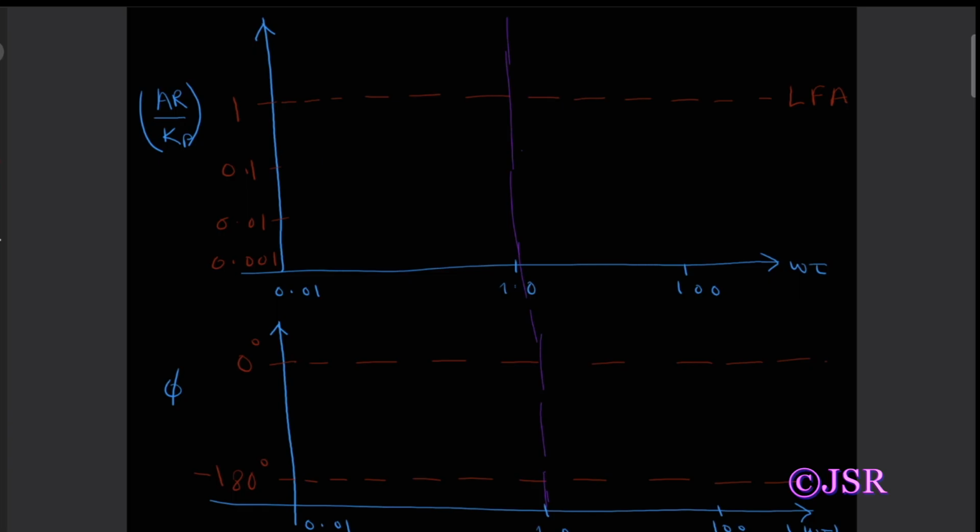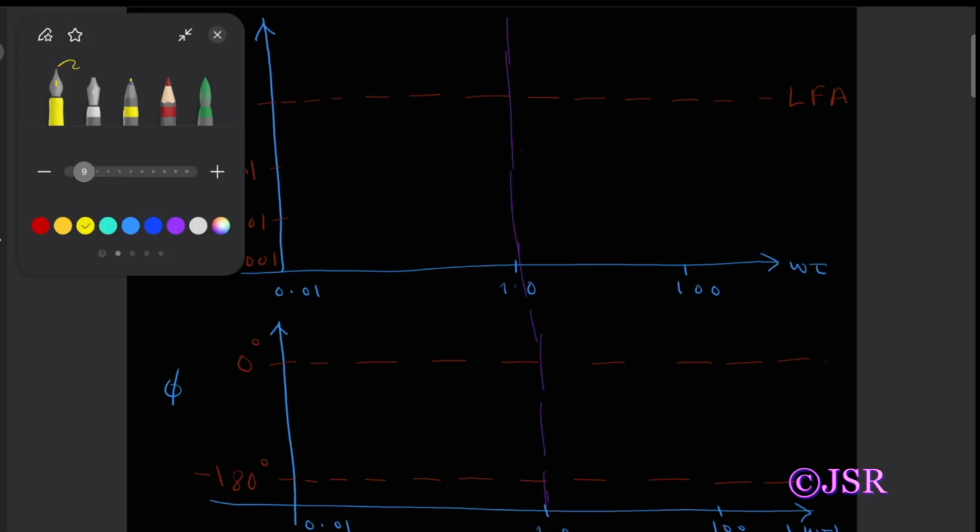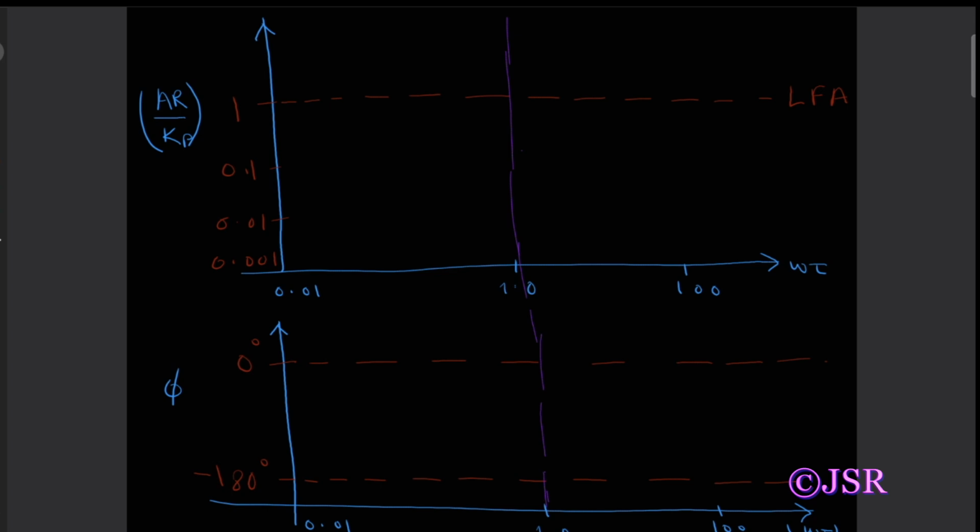So when omega tau is equal to 1, AR upon Kp equal to 0.25. When omega tau is equal to 0, we have AR upon Kp equal to 1. When omega tau is equal to 1, AR upon Kp equal to 0.25.